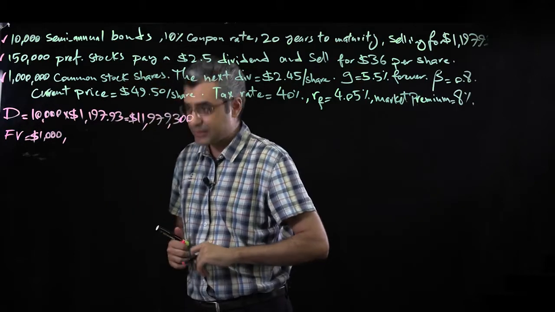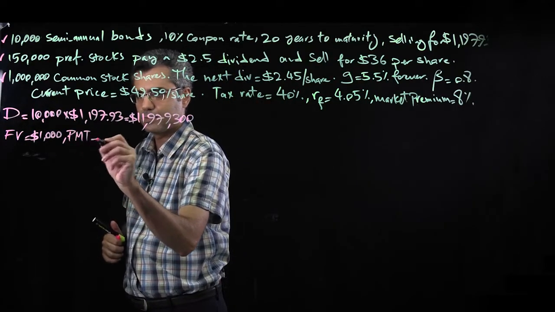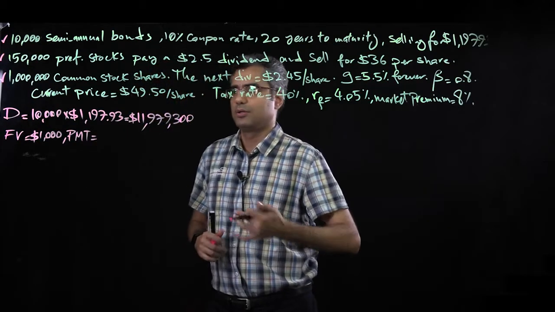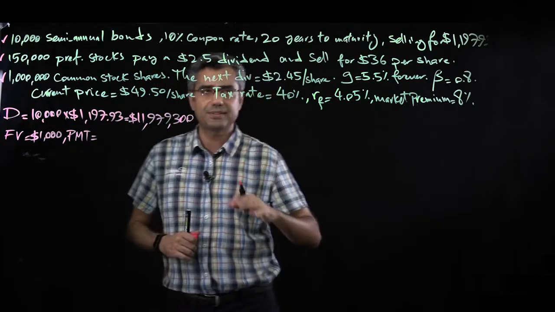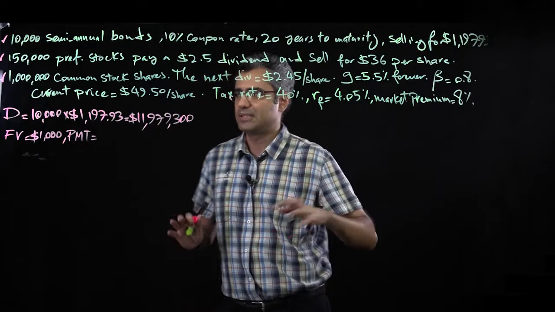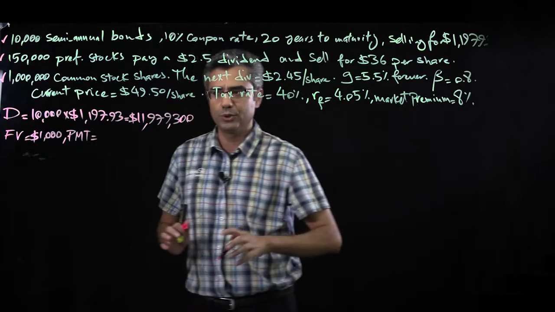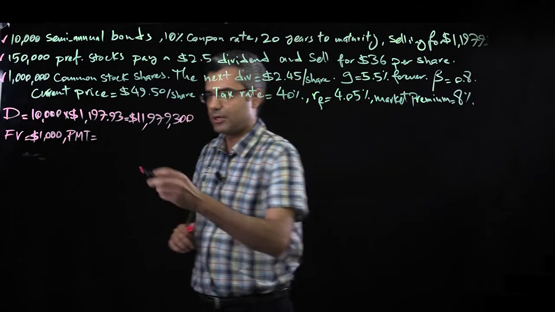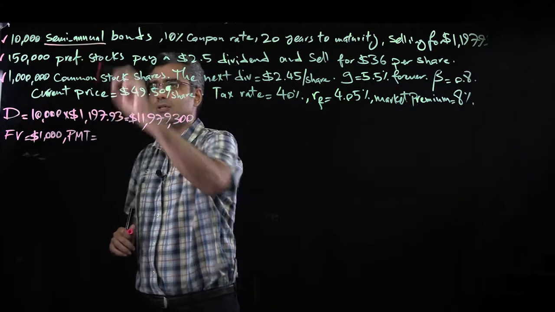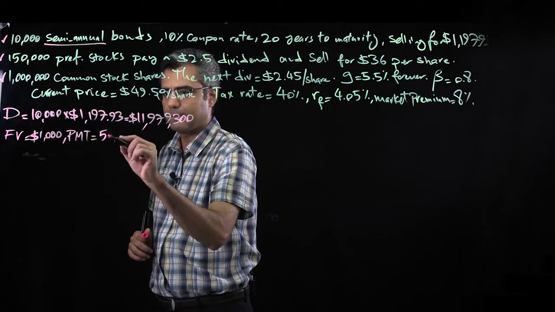Then what else? PMT. PMT is the coupon payment. It's 10% of $1,000. If you don't remember this, please have a look at the bond topic. 10% of par value is $100, but this is semi-annual, so we need to divide it by 2, so it's $50.